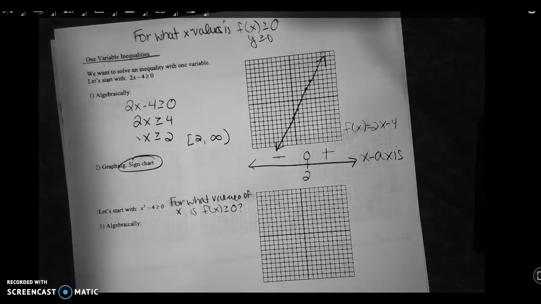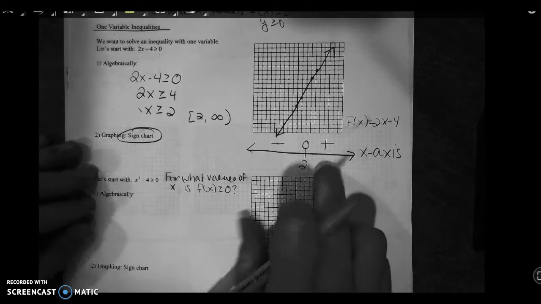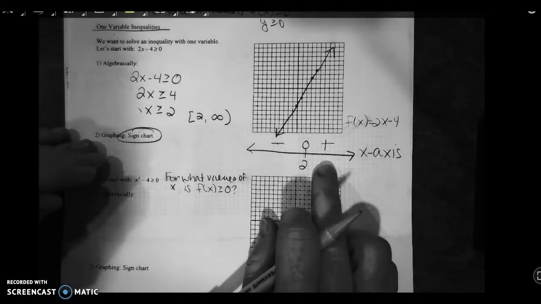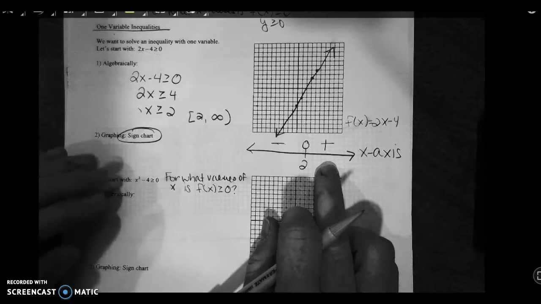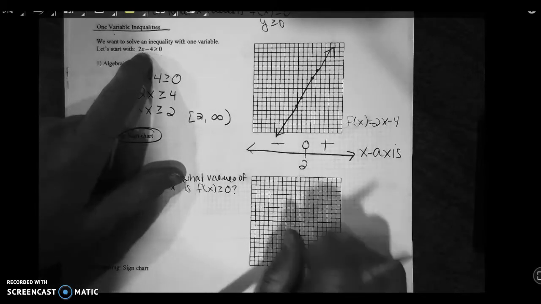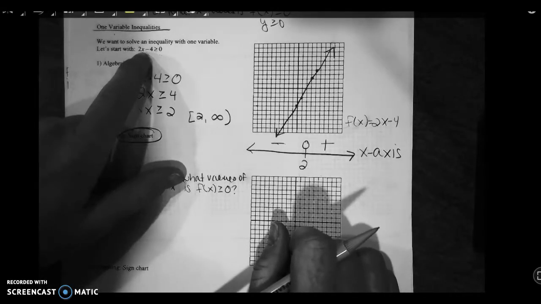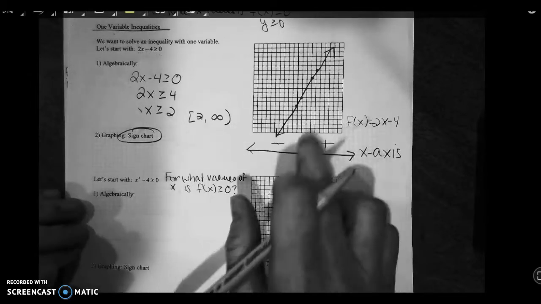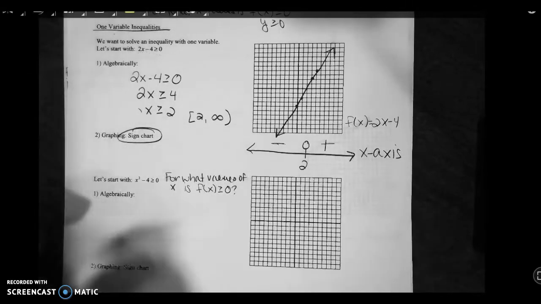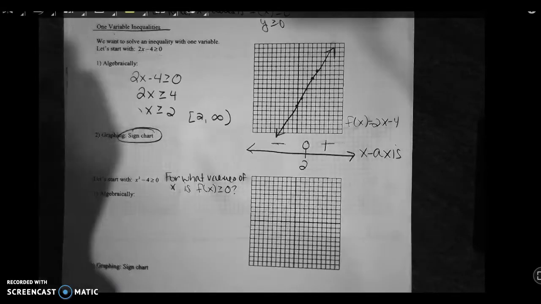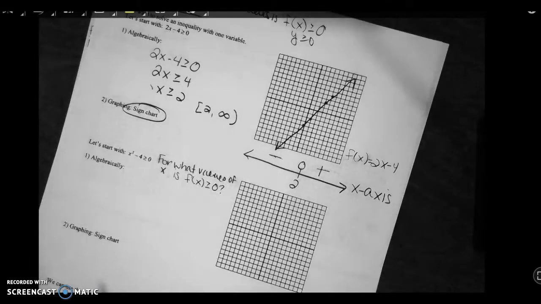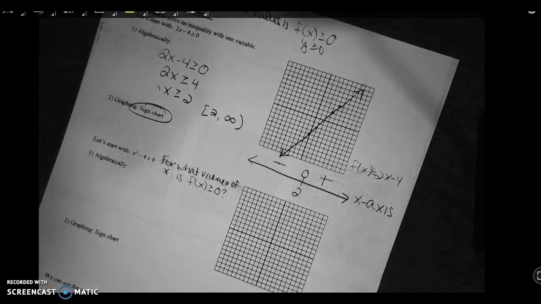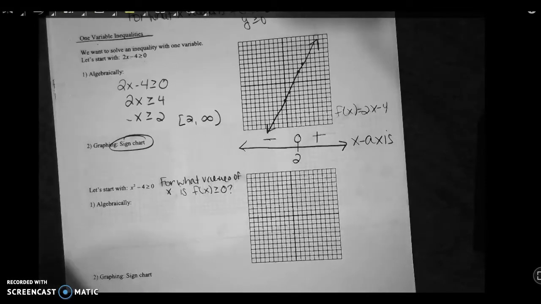So we have created a sign chart, and this is a way that we can solve this inequality graphically. We're trying to find where this function is greater than or equal to 0, so we're looking for where on our sign chart it is positive. That's what you were really doing even when you were in Algebra 1 and graphing these things.